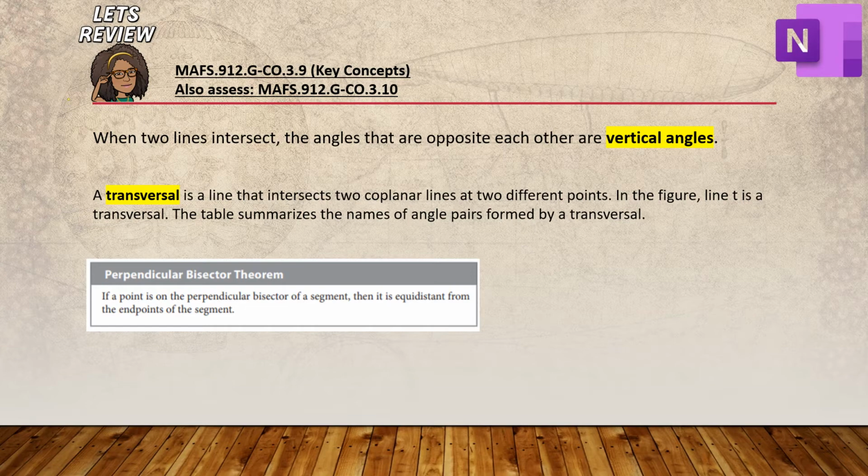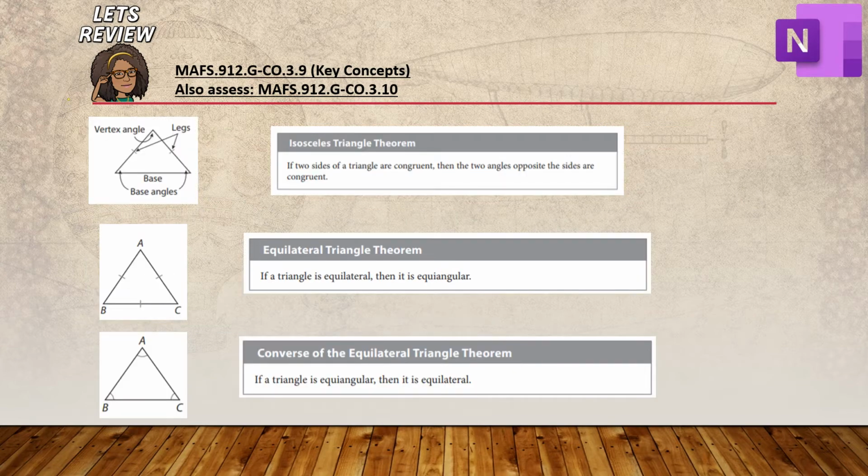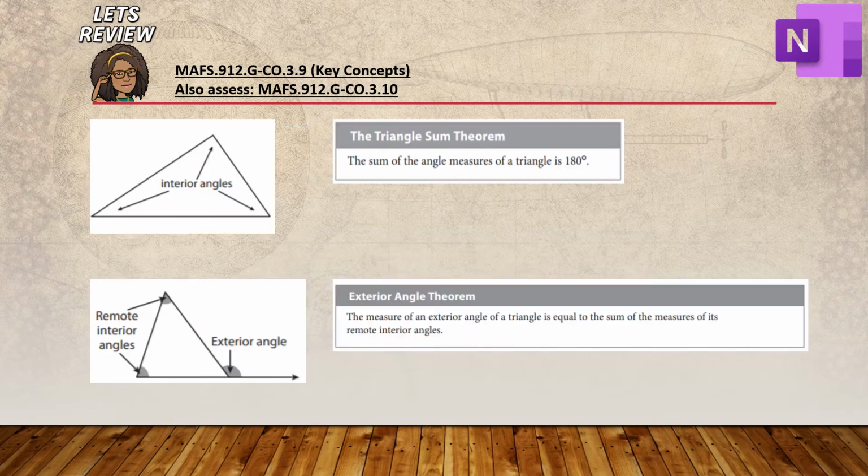And we can also talk about the perpendicular bisector theorem in this standard. G.CO.10 looks at properties of triangles. So we have some properties about isosceles triangles and equilateral triangles, and the interior-exterior theorem about those angles of triangles.